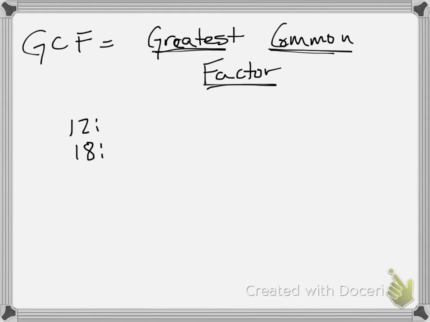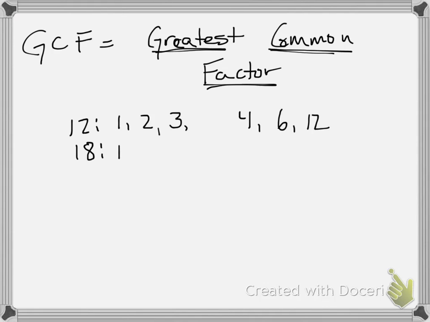So you probably have seen something before with, if we were trying to find the GCF of 12 and 18, we might say, well, we could multiply 1 times 12, we could multiply 2 times 6, and we could multiply 3 times 4. And those would all give me 12.